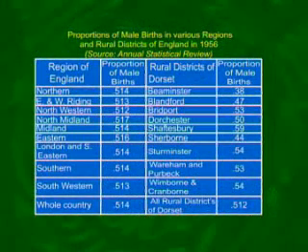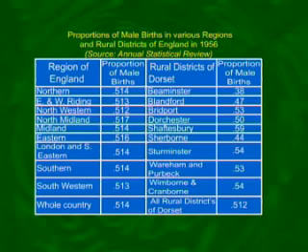As you see on the screen, we now have a table in front of us showing the proportions of male births that had been worked out for the major regions of England as well as the rural districts of Dorset for the year 1956.